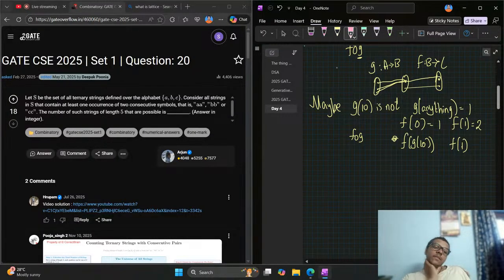Let S be the set of all ternary strings defined over alphabet A, B, C. It contains at least one occurrence of two A's. Strings of length 5 that are possible. Right, there are three choices.